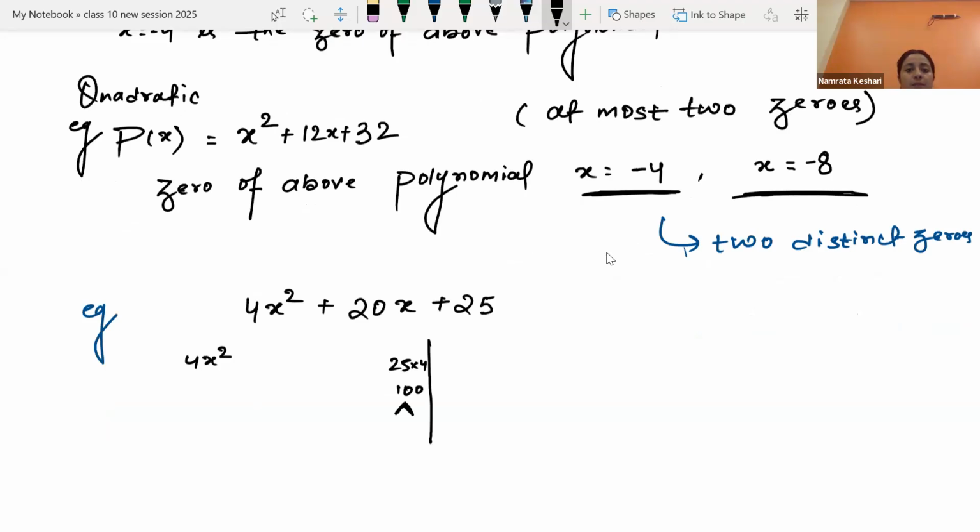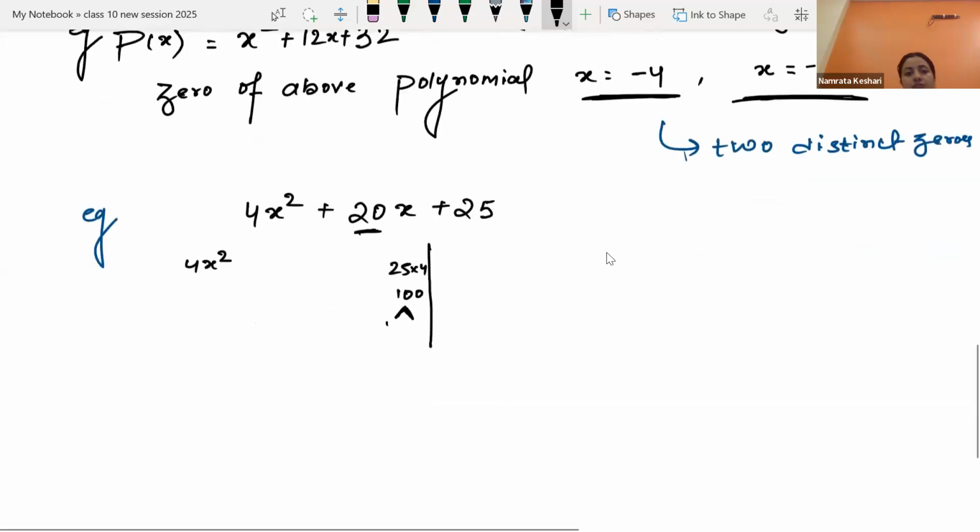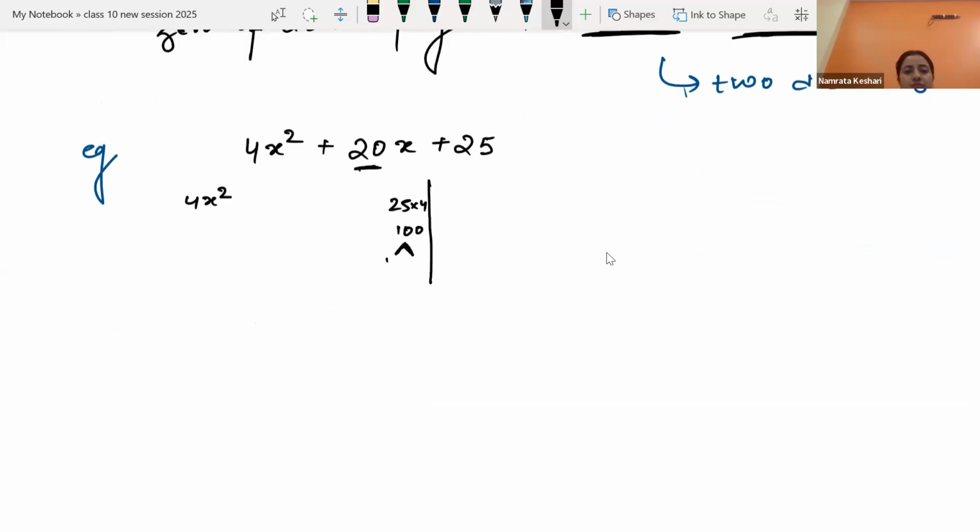Let me check what are the two numbers which will give 100 and added together will be 20. 5 and 20?